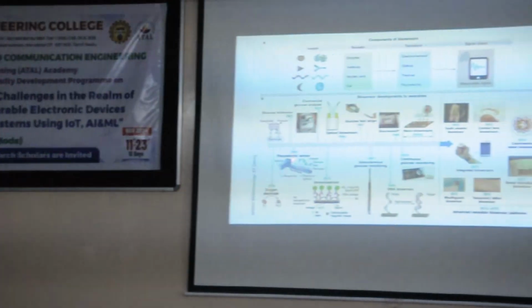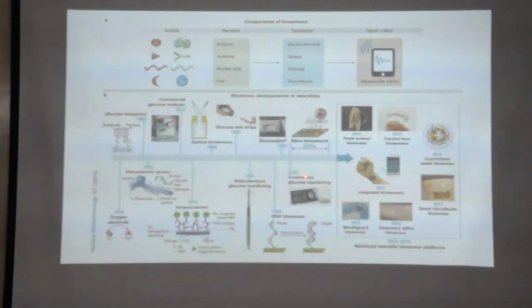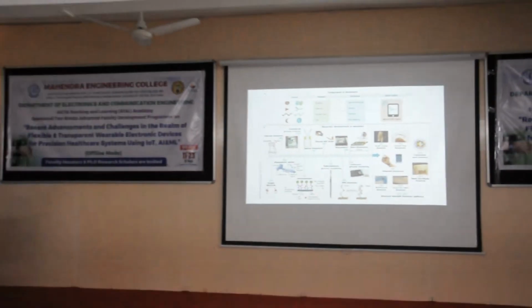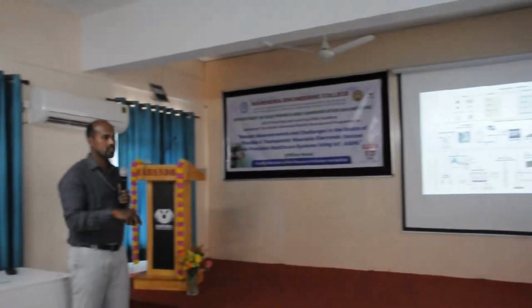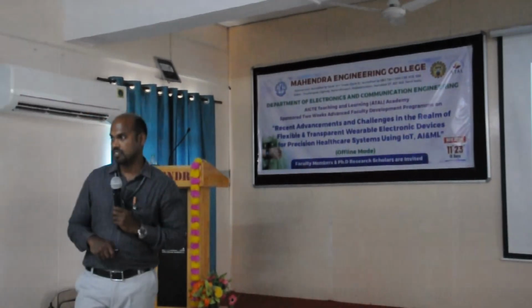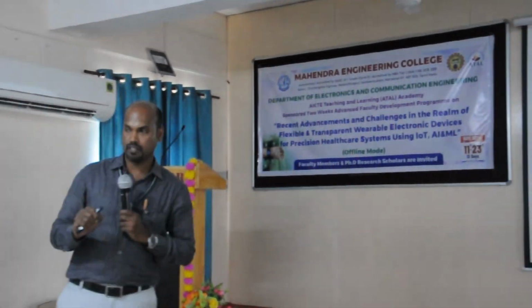You can see that since 1956 the race began related to diabetic monitoring. That basically relies on oxygen measurement, with a platinum electrode measuring the oxygen. That is the base for the conventional glucometer in the market right now.